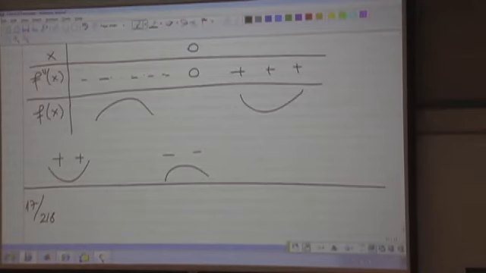The first type of problem that we're going to look at is we're given a bunch of conditions, and based on those conditions, we need to come up with a graph of a function. Okay? So the conditions are the following. F prime of 0 is equal to f prime of 2 is equal to f prime of 4 is equal to 0.